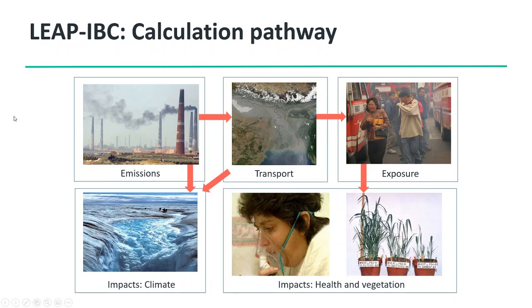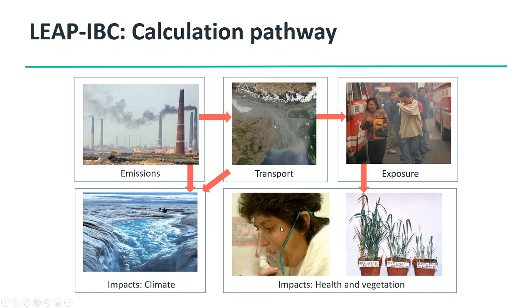What the IBC module does is take the emissions from LEAP and model their chemical reaction and transport in the atmosphere to estimate the exposure of people to fine particulate matter, to PM2.5. So we go from emissions to estimating concentrations and exposure of PM2.5.